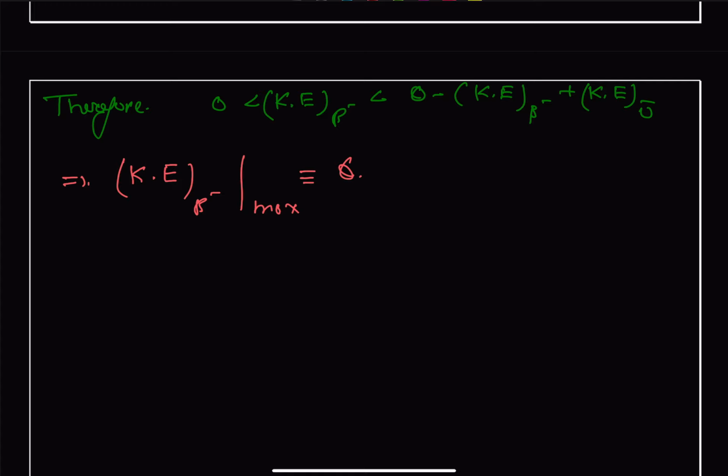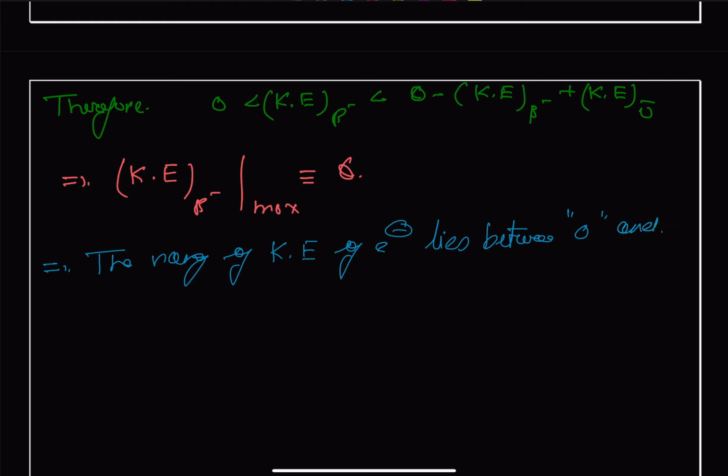So we can say the range of kinetic energy of the electron lies between 0 and the maximum kinetic energy of the electron.